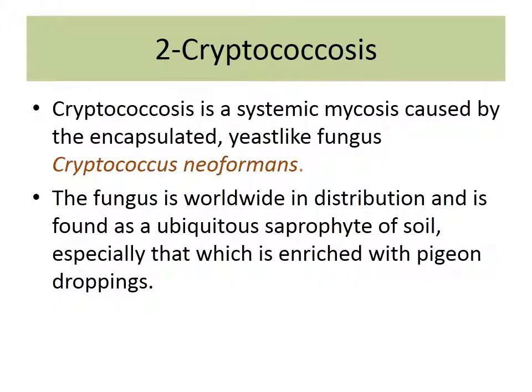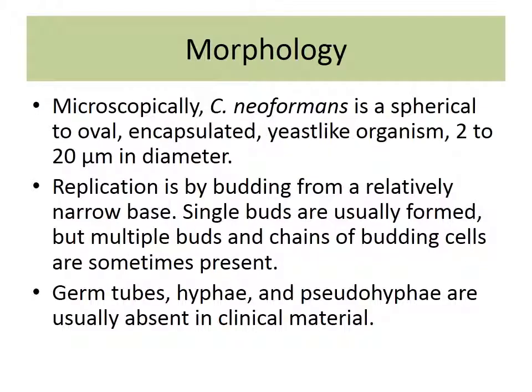It is an encapsulated yeast-like fungus, and the name of the systemic mycosis that it causes is called Cryptococcosis. This fungus is present all over the world and is ubiquitous, especially in soil. One important thing to keep in mind is that it is there in the droppings of pigeons. Pigeon droppings have it in abundance.